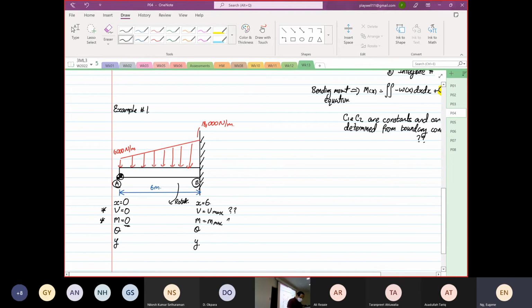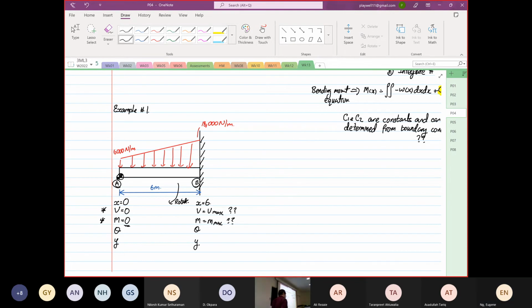What values they are, I don't know, but we only know one thing: it is going to be at its maximum. Why is the shear force at maximum and the bending moment at maximum at point B? Anyone? Why do we say that?